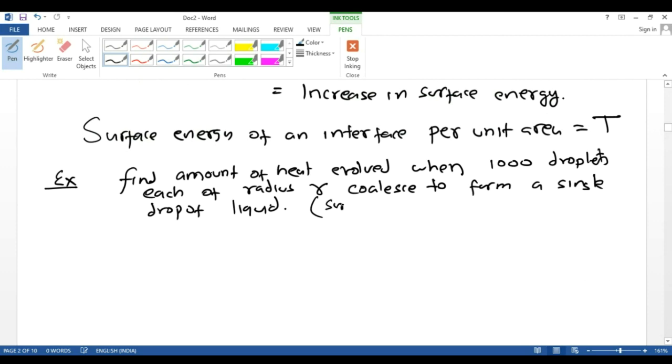And let us say the surface tension of the liquid-air interface is equal to T.